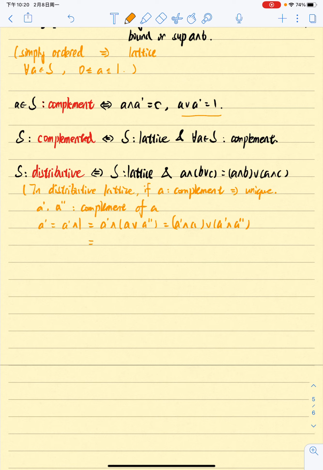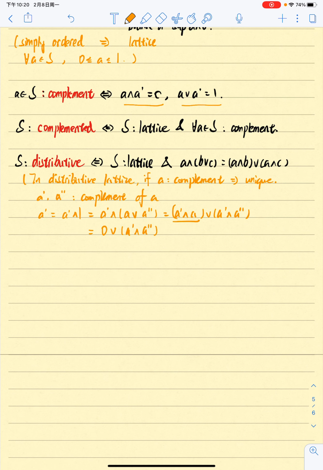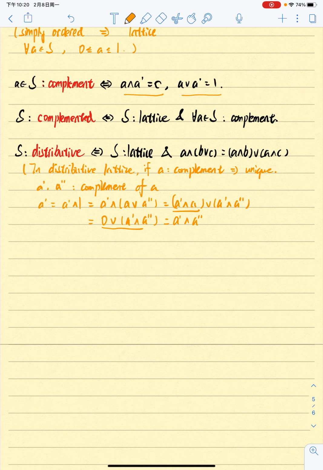Okay, let's see. By here, this is 0, so we get A prime and A2 prime, or 0.